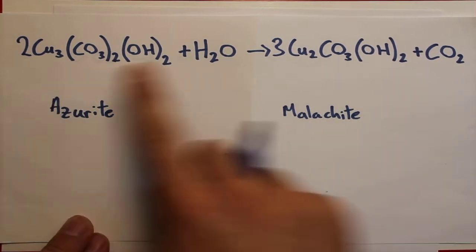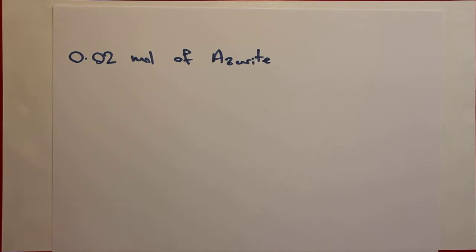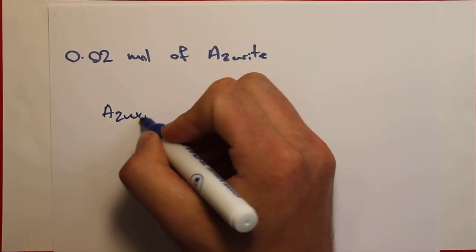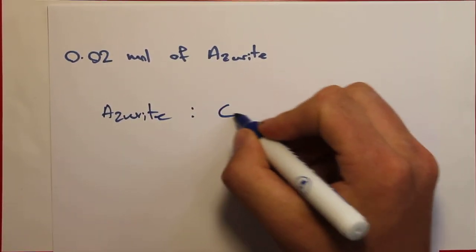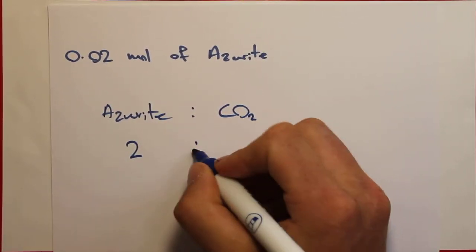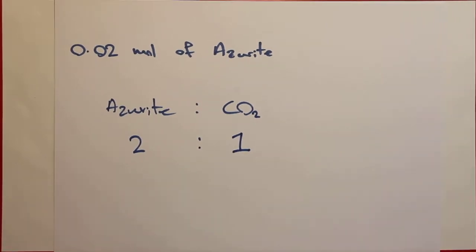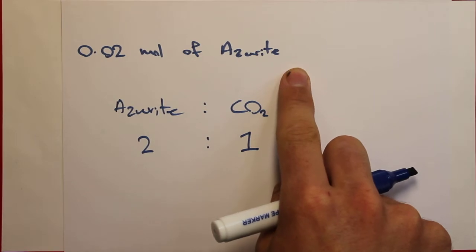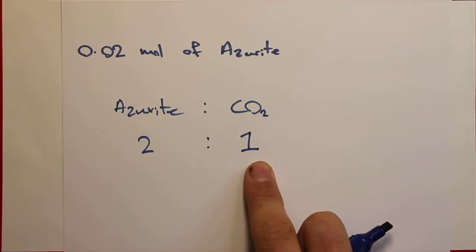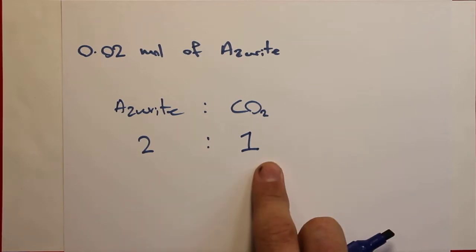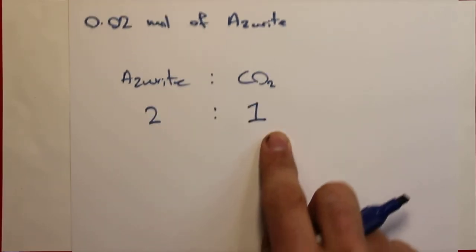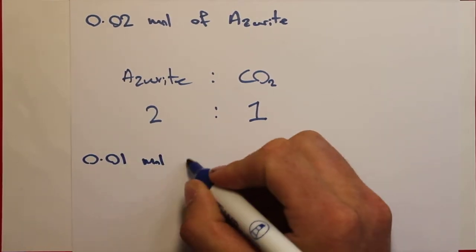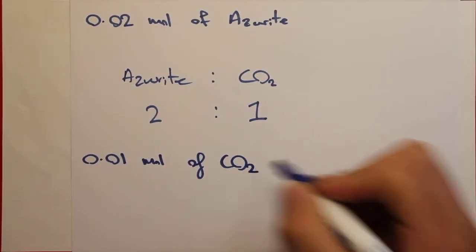So we've got a ratio of 2 to 1. We've got 0.02 moles of azurite. How many moles of carbon dioxide are we going to have? Well, we're going to have half the number of moles of carbon dioxide. So this means that we're going to have 0.01 moles of CO2.